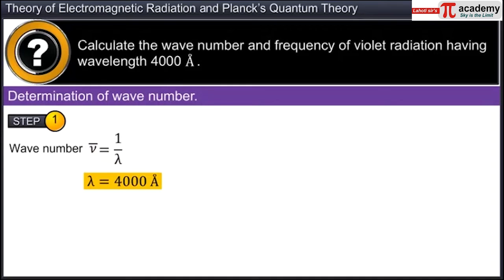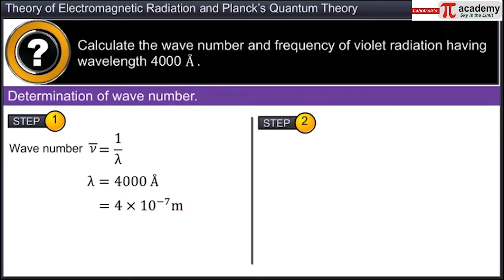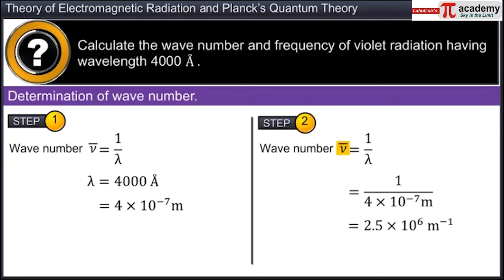The given lambda value is 4000 angstroms, which is equal to 4 multiplied by 10 raised to the power of -7 meters. The second step involves substituting the value of lambda in this equation. On solving, we get nu bar equal to 2.5 multiplied by 10 raised to the power of 6 per meter, or 2.5 multiplied by 10 raised to the power of 4 per centimeter.